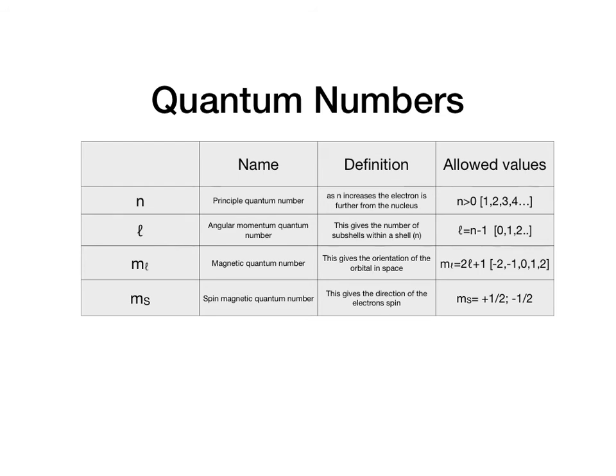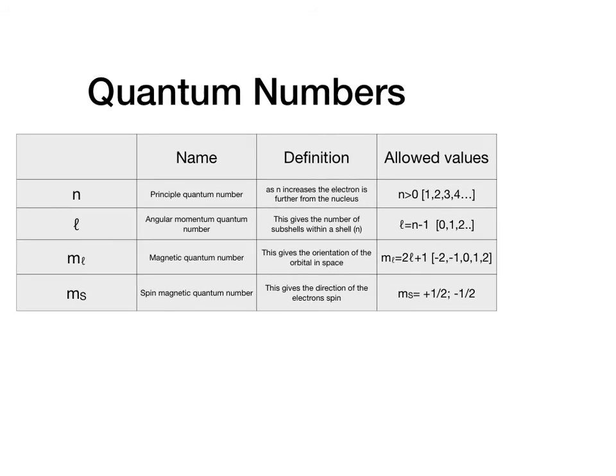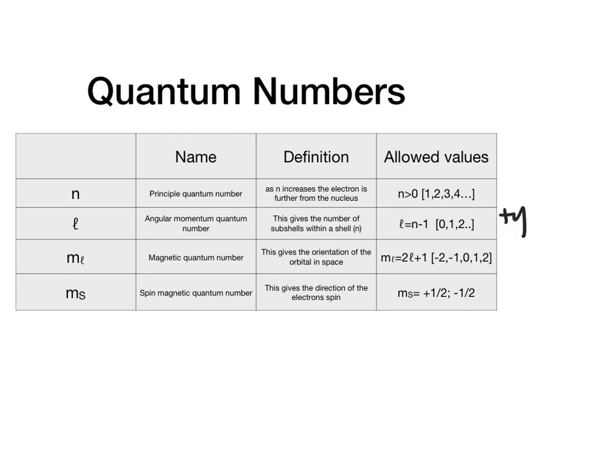L is the angular momentum quantum number. This gives the number of subshells within the shell, or the type of orbital. And m sub L gives the orientation of the orbital in space. M sub S gives the direction of the electron spin.